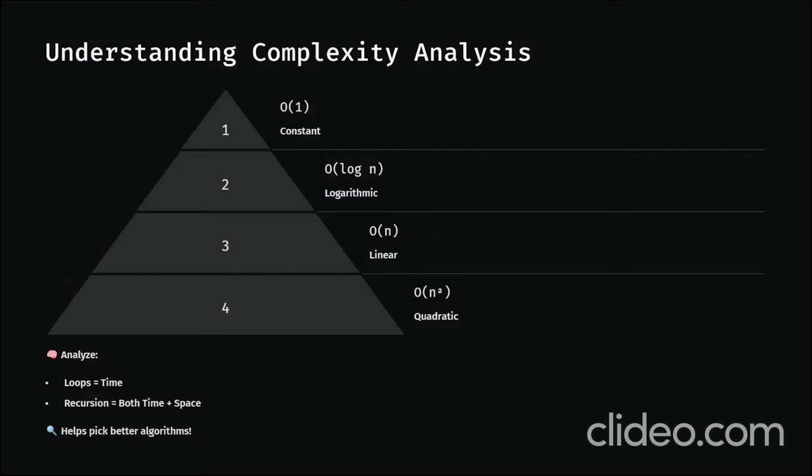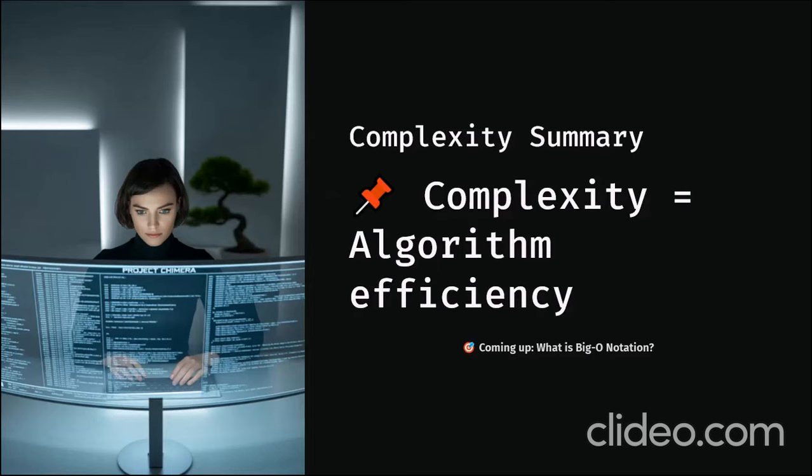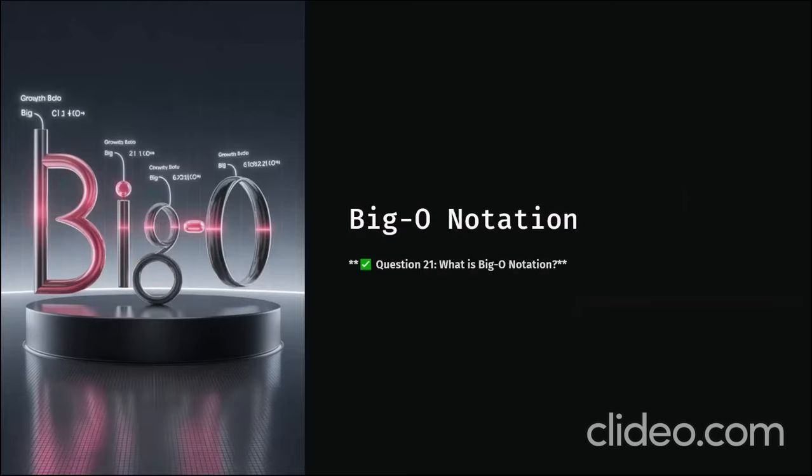So, understanding complexity analysis, you can see there is a big O notation with one constant, big O notation with log n, big O notation with n linear, and big O notation with n square quadratic. So, analyzing loops, time, and recursion, both time plus space. Helps pick better algorithm. Right?